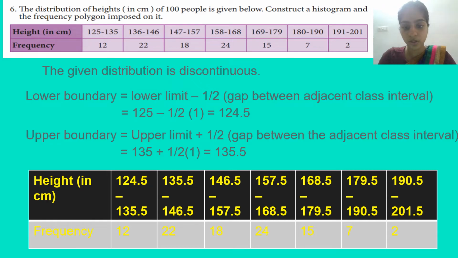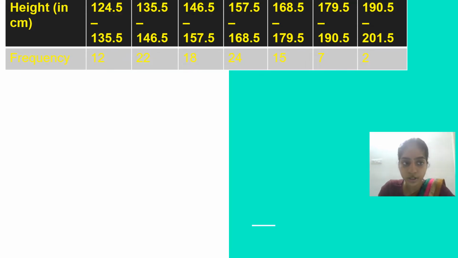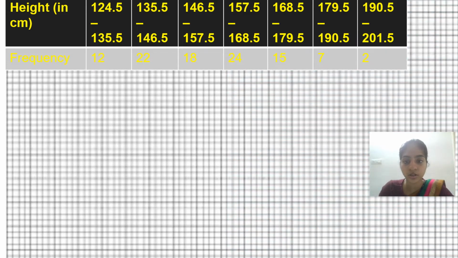From the calculations we have already done, we have the height and frequency. With this, let us draw the graph. To draw the graph, first we draw the two lines, x-axis and y-axis. Once we have drawn the two lines, we must mark x-axis and y-axis because once you go to higher classes and 3D geometry comes in, we'll have a z-axis as well.